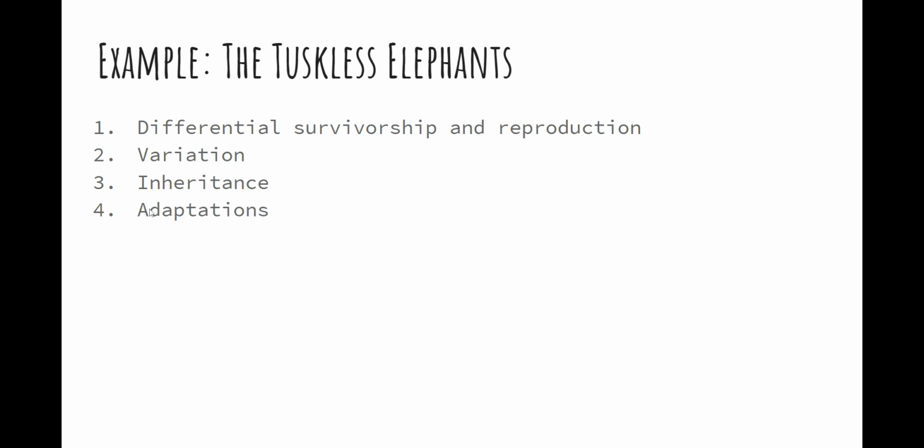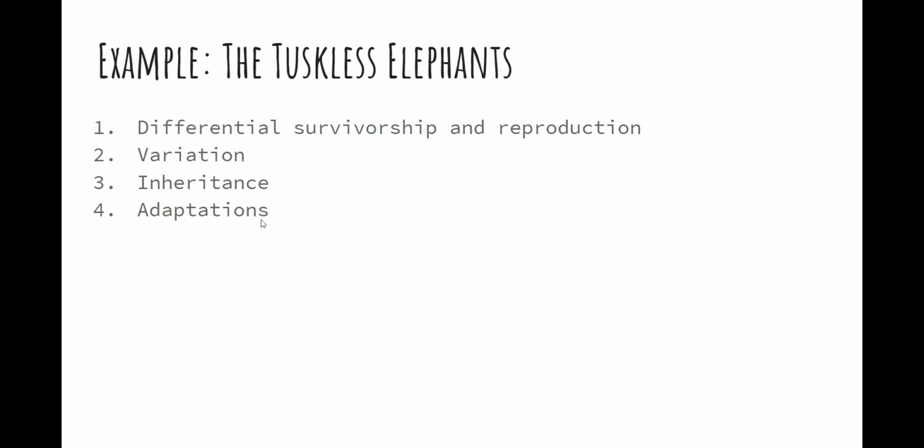Adaptations, so tusks are great. Elephants are going to use those all the time. Male elephants are going to use those to fight with each other. They're going to use them to knock down trees. They're going to use them to dig. Elephants are very important. Their tusks are very important for the environments that they're in too.